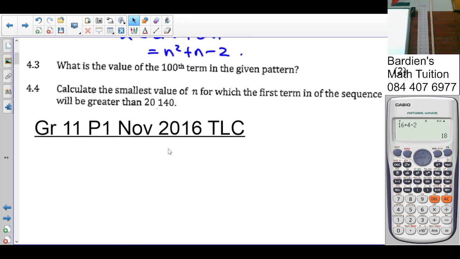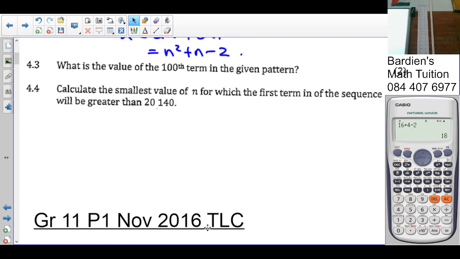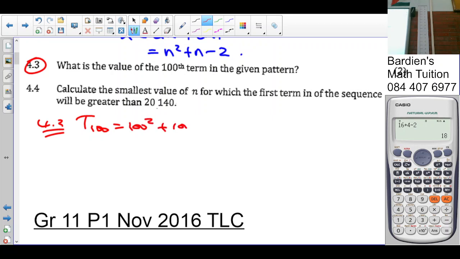In 4.3, what is the value of the 100th term of the given pattern? So T100 is equal to 100 squared plus 100 minus 2, which gives us an answer of 10,098.